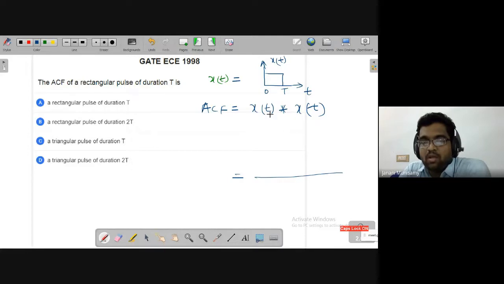If both have equal value, then you'll get a triangular pulse with the duration of 2T. Individually it is T, then totally it is 2T. So the answer is a triangular pulse with the duration of 2T.